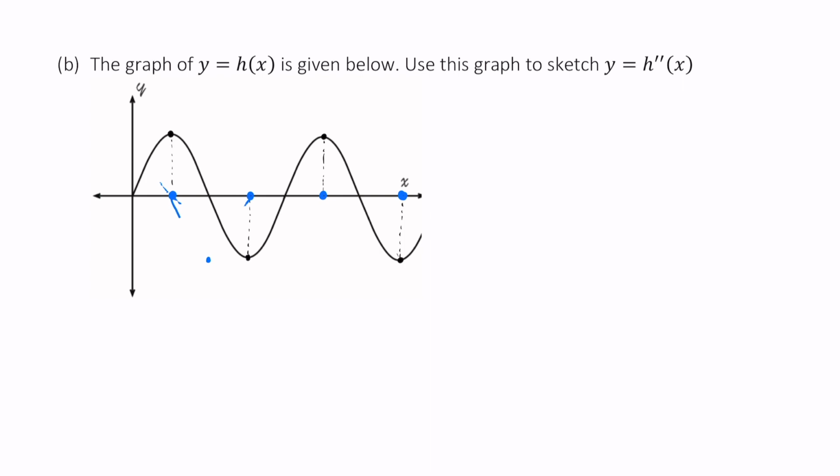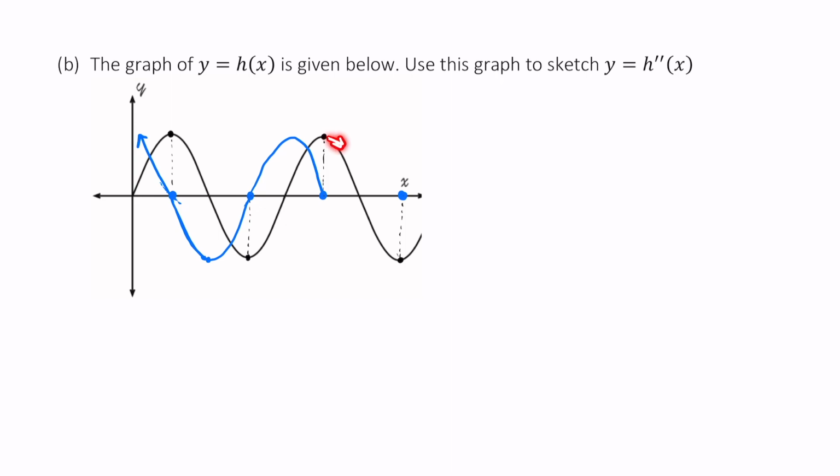There we are, and now let's connect these dots as best I can. There we are, and go above the x-axis here. Now, from this maximum, the slope remains positive until this maximum, so I'm going to do the same thing here, whereas I sketch the curve above the x-axis, and then here we are negative.